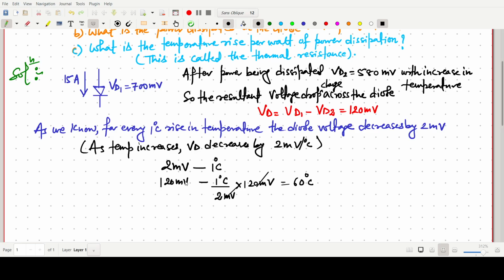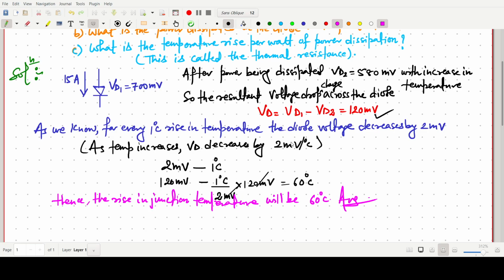Hence the rise in junction temperature will be 60 degrees centigrade.